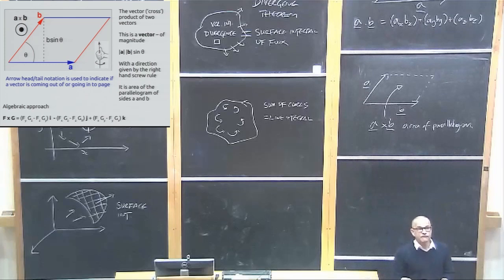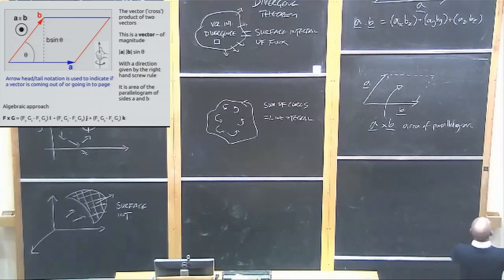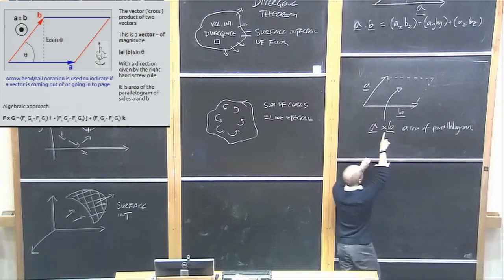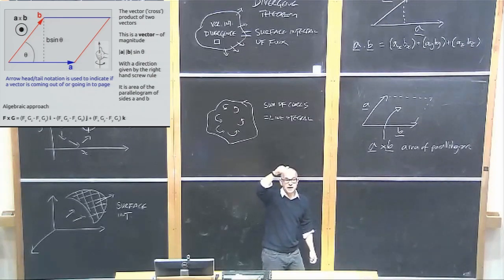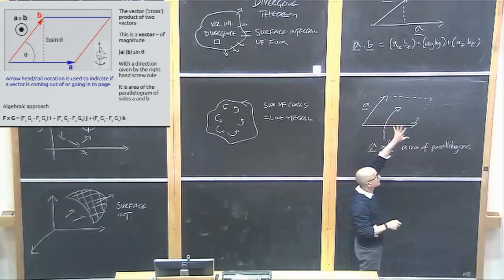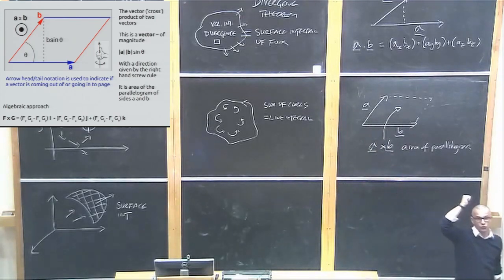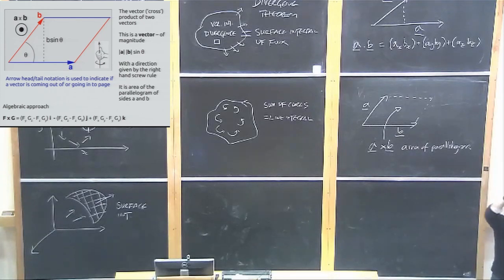And because this is a vector product, it has a direction. So in the case I've drawn here, A cross B would give you the area of this parallelogram and would be a vector which is pointing into the board. If I do B cross A, I get the same area, but the vector would be pointing out of the board.